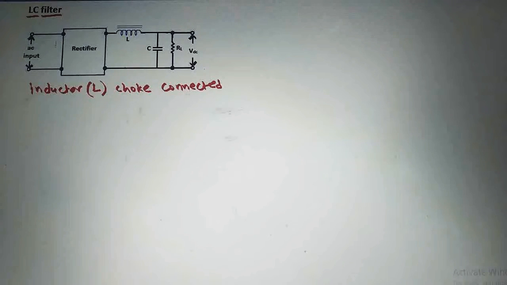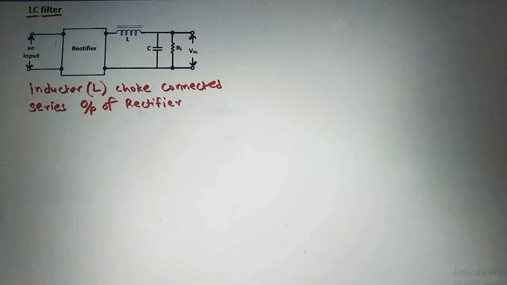The next type of filter is the LC filter. Now see here, this is the circuit diagram of this LC filter. In this circuit diagram, this inductor L, or you can say choke L, is connected in series with the output of rectifier.